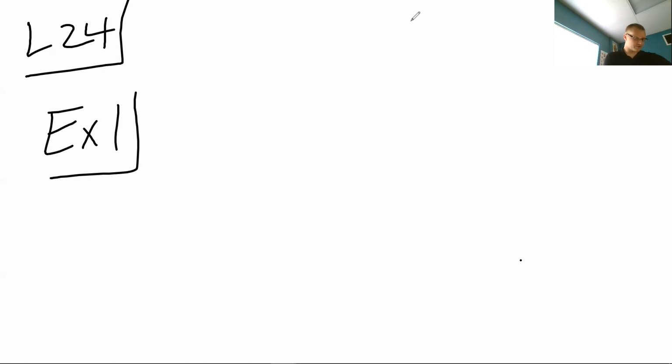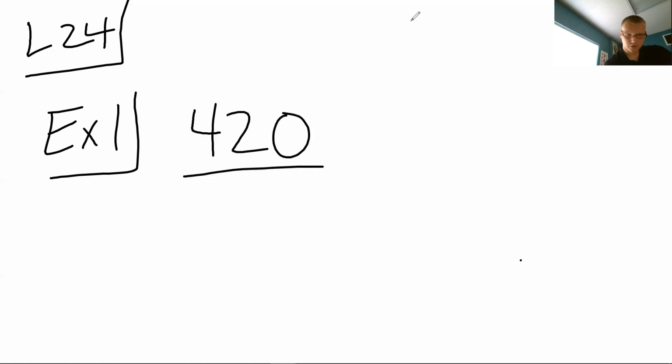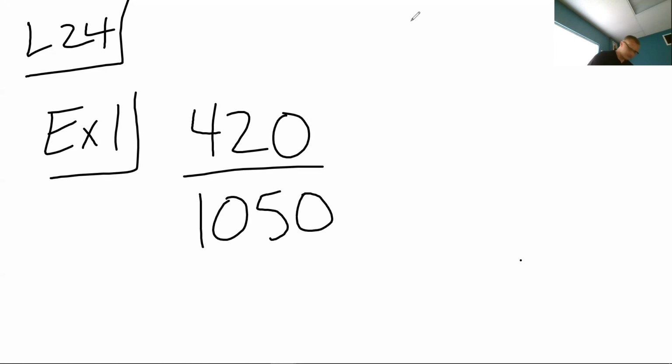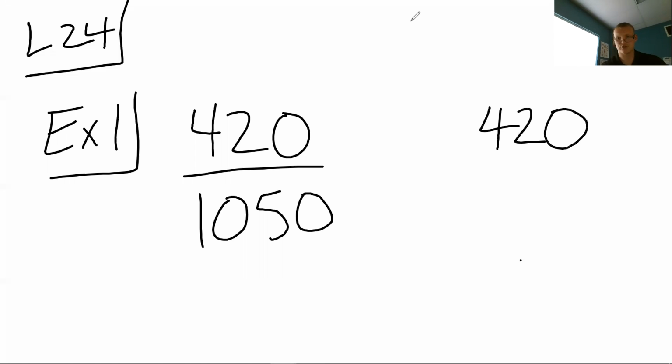First, we need to find the greatest common factor. 420 over 1050. We need to factor out both 420 and 1050. Let's first factor out 420. I'm going to do a factor tree, which we've just learned. What goes into 420?